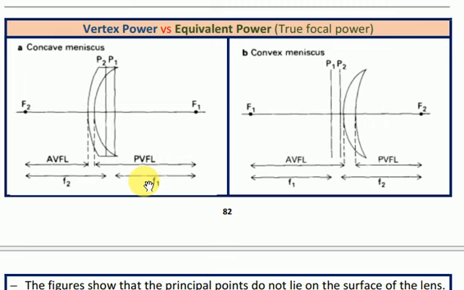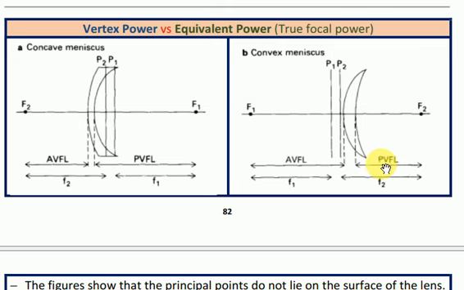Furthermore, note that the anterior and posterior vertex focal lengths are not equal to each other. Here you can see.